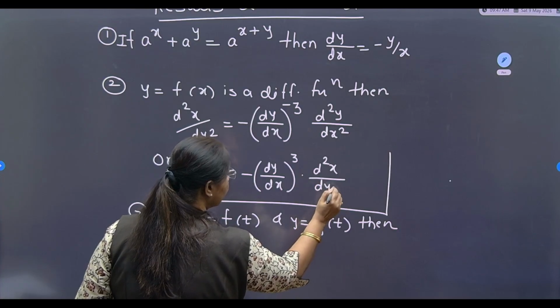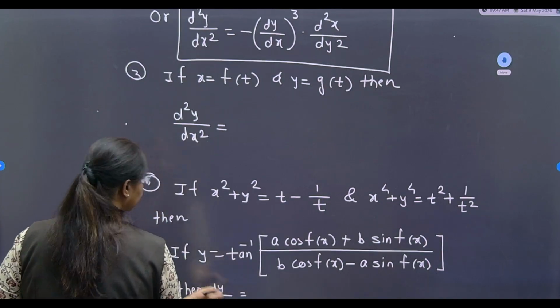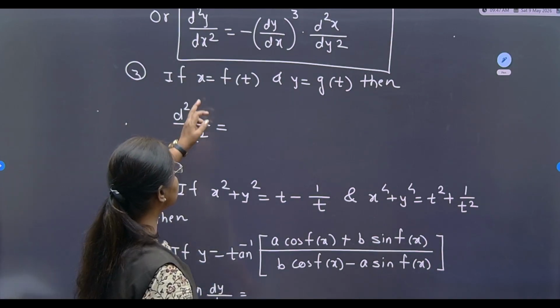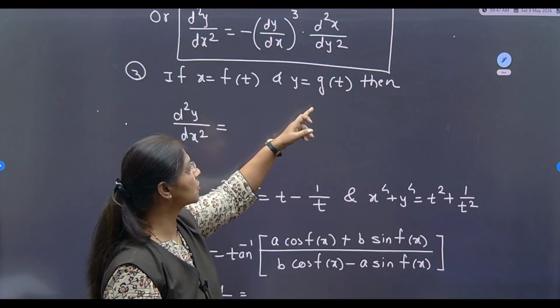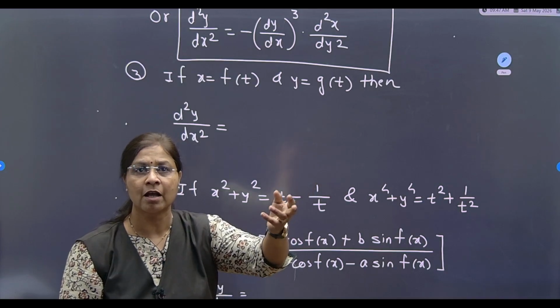Then the next most important result, third: if x = f(t) and y = g(t), where t is a parameter, we know the derivative of parametric functions.